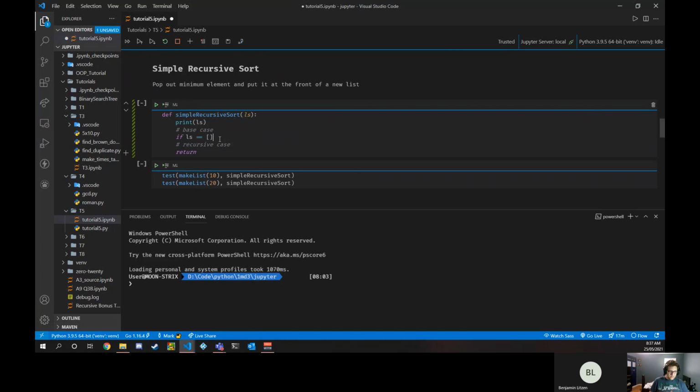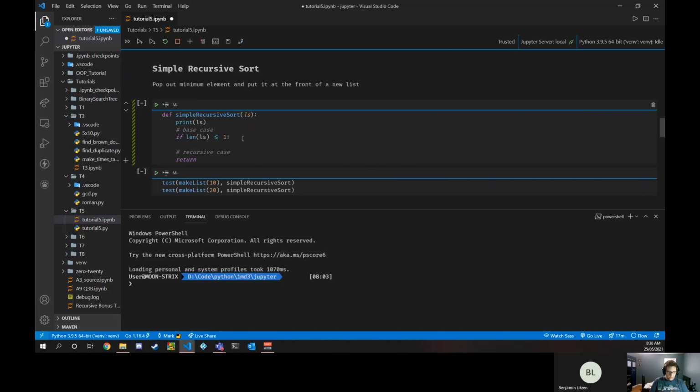If the list is empty, or the length of the list is only 1, I can abbreviate this to: if the length of the list is less than or equal to 1, because those are the same case. In that case, I'm just going to return the list. The list is either empty, in which case there's nothing to sort, or has one element, which is the minimum element of that list.